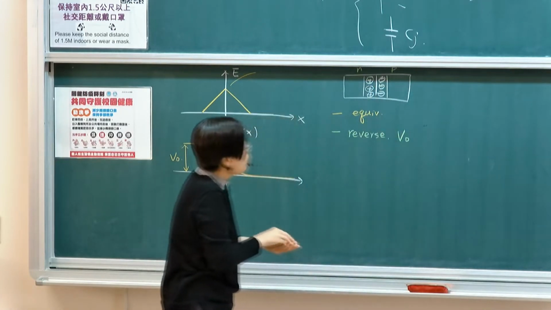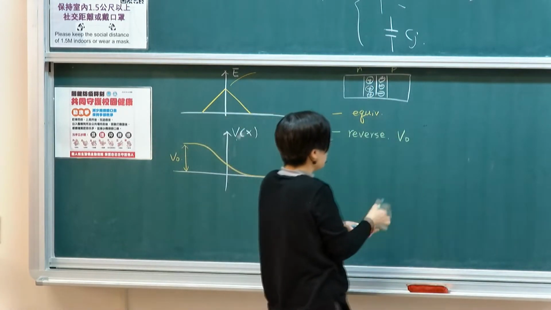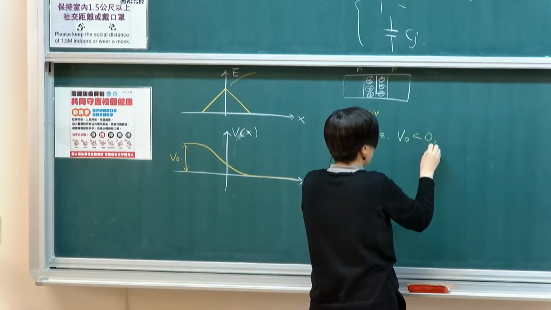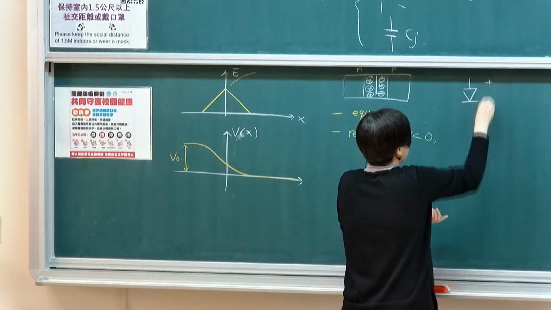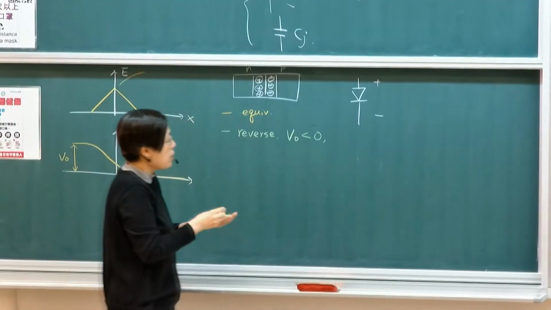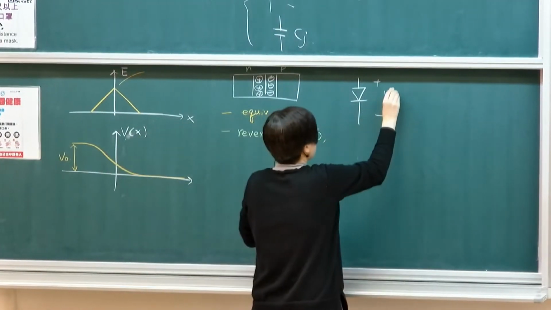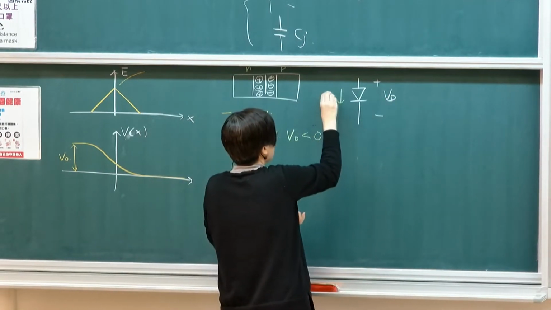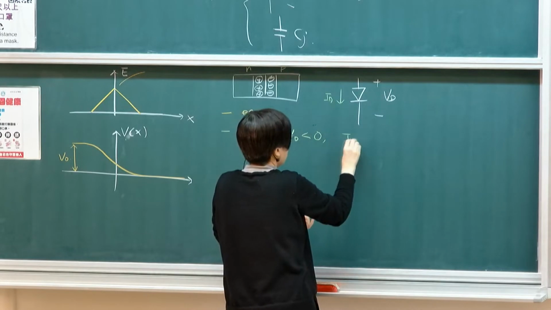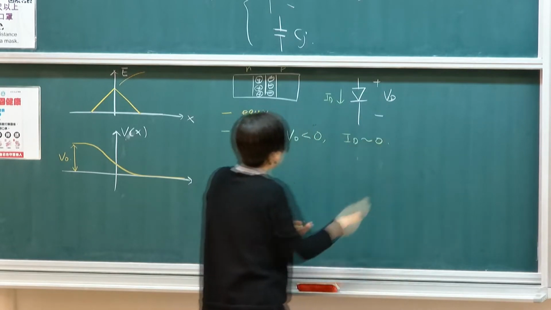If I'm in reverse bias, meaning VD is smaller than 0, here I'm defining VD as positive on the N side, negative on the P side. We know that during reverse bias you essentially have zero current. ID is approximately 0. There's no current flowing.